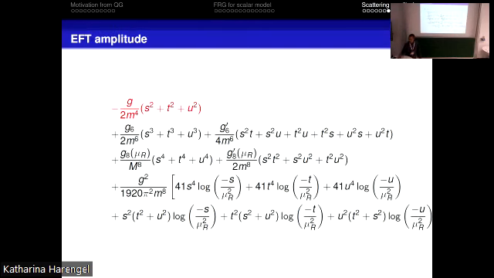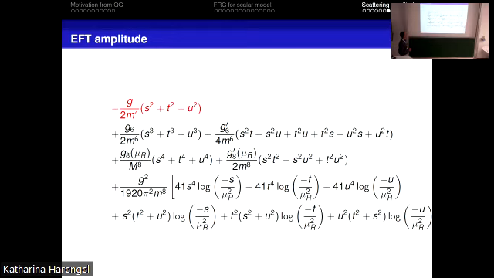This becomes clearer if you look at the 4-point function in terms of the renormalized coupling. In red, you have the tree-level amplitude. It goes like s squared plus t squared plus u squared. The one-loop corrections all go like either third power or fourth power of these Mandelstam variables.